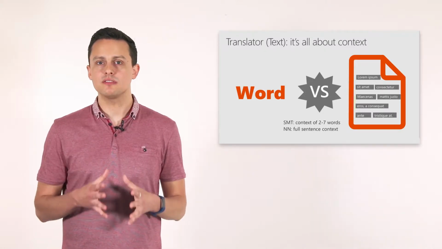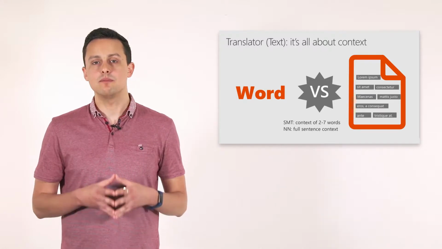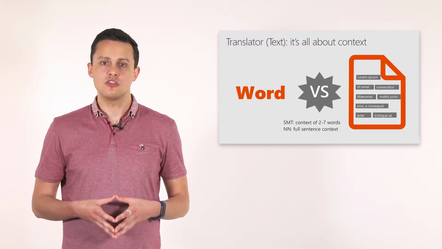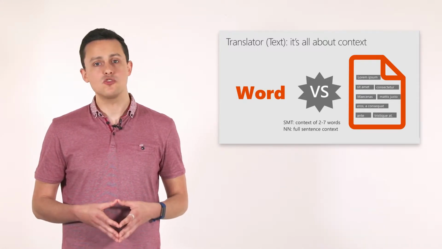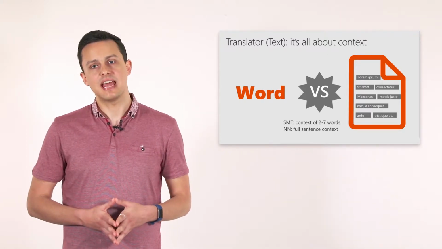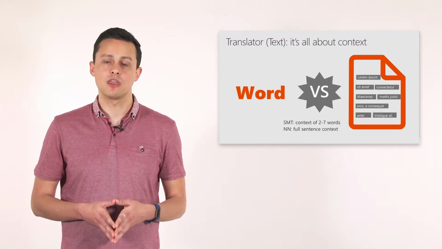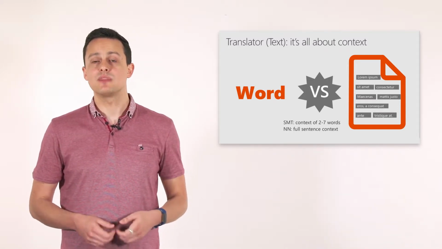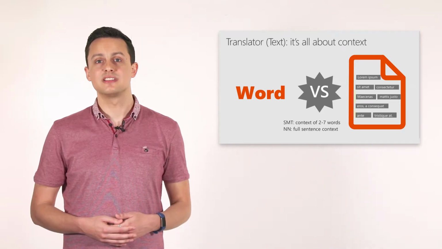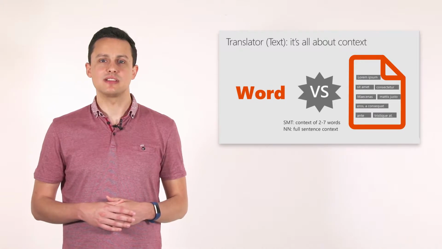One of the most important things to be aware of when working with the translator service is the importance of context. The bigger the sample of text that you can provide, the better the translation is likely to be, because it has additional context to understand the meaning that the user is trying to express. So for example, in our Litware demo, if you simply wanted to translate the word sedan, then that may not result in the translation you expect.